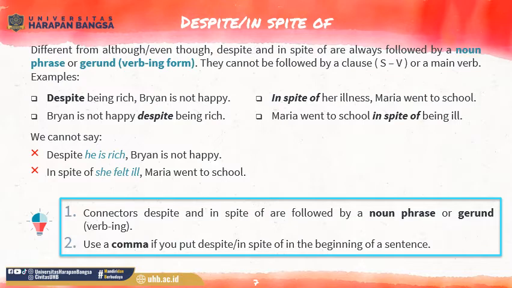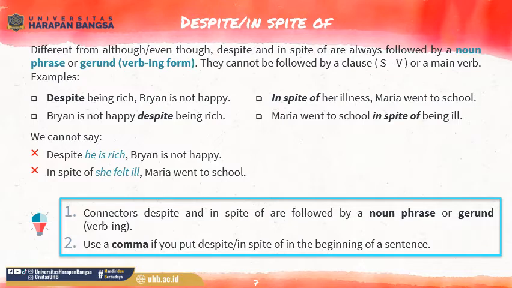Kita juga tidak bisa bilang in spite of she felt ill, Maria went to school. Karena she felt ill adalah klausa. Ada subjek she dan verb atau predikat felt. Jadi kalimat yang benar in spite of her illness. Atau kita juga bisa bilang in spite of being ill.